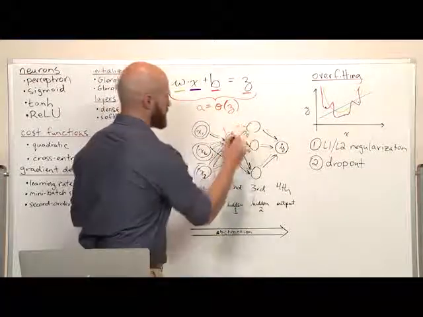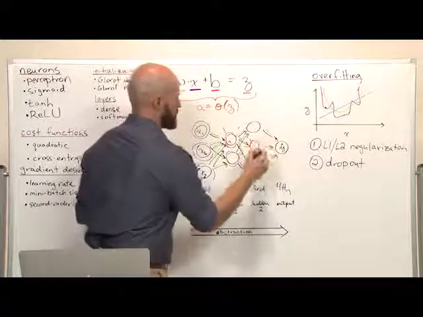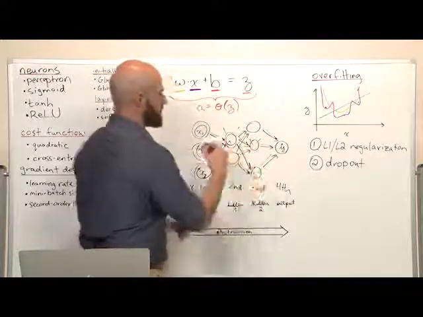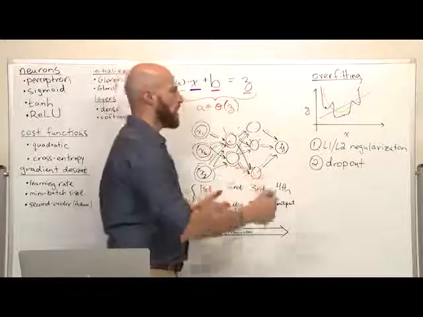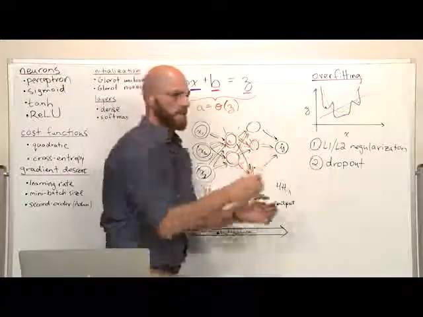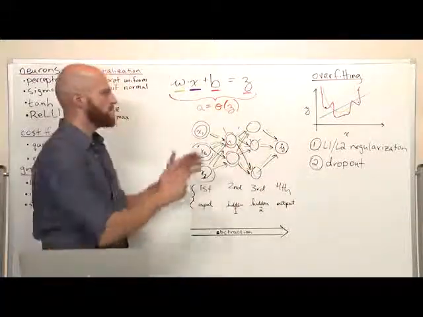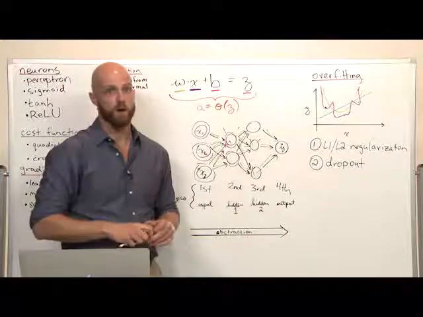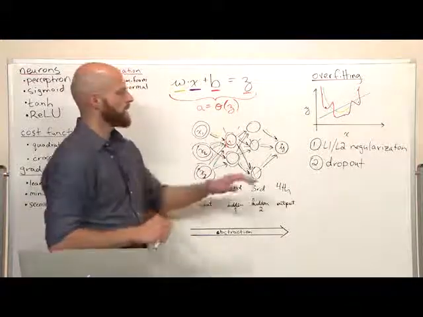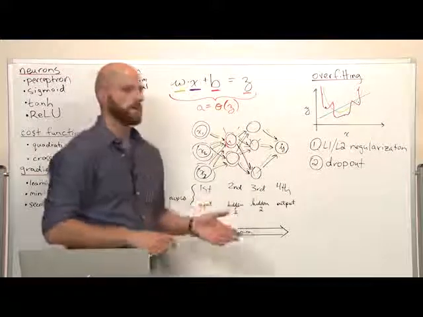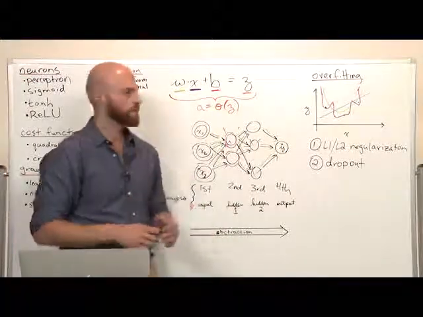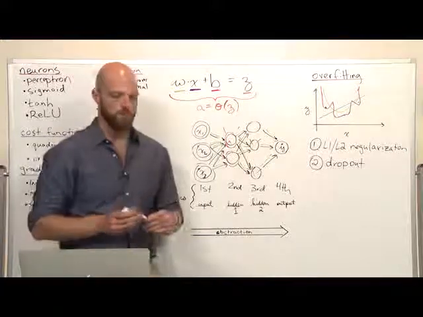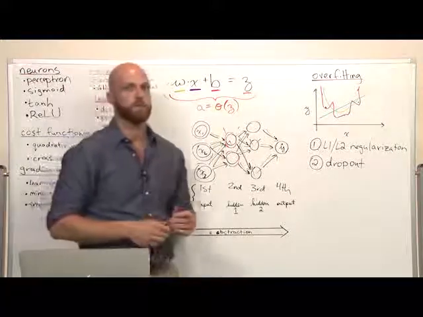By getting rid of half of them, all of a sudden the network can't rely on any specific point in the network, and this tends to reduce overfitting as well. In fact, this type of technique is so effective that often it can be used on its own, and so we will be using dropout a lot in our networks going forward.